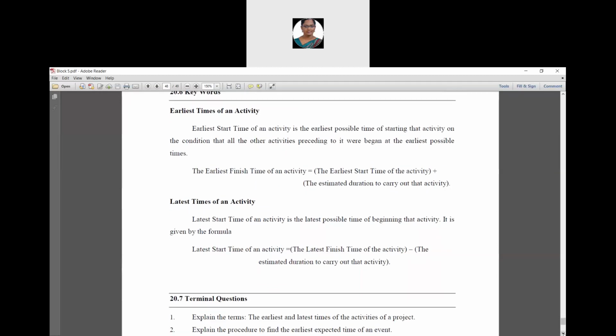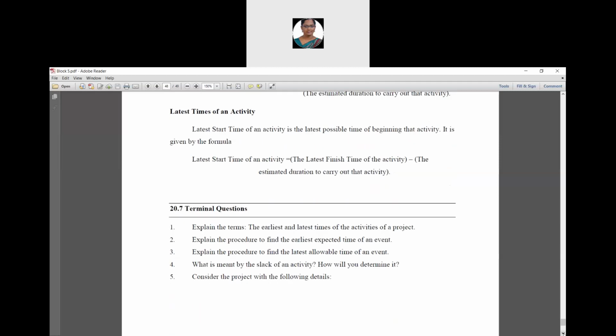Earliest finish time is calculated by using the formula, the addition of earliest start time of an activity and the estimated time duration value, whereas the latest start time of an activity is calculated by using the difference between the latest finish time of the activity and the estimated time duration to carry out that activity.